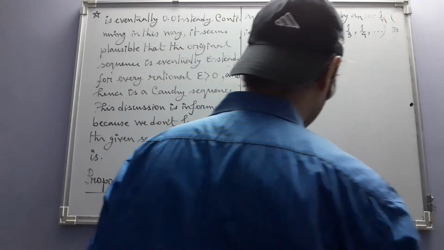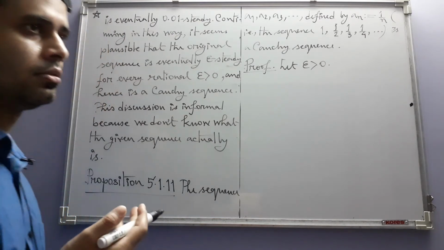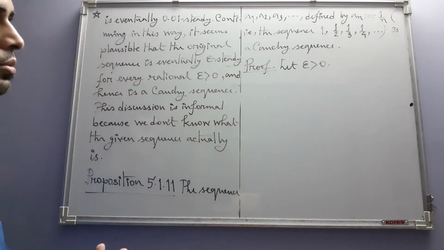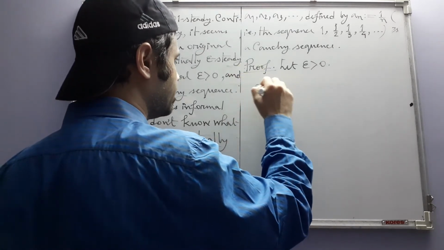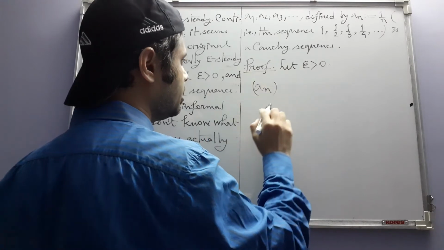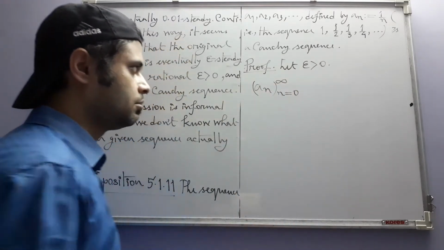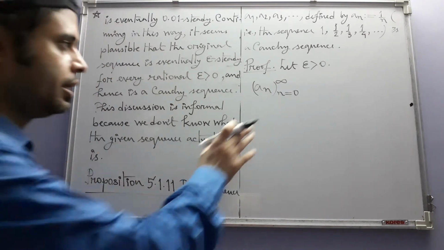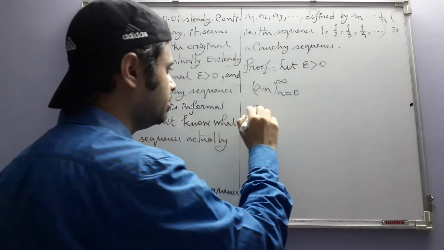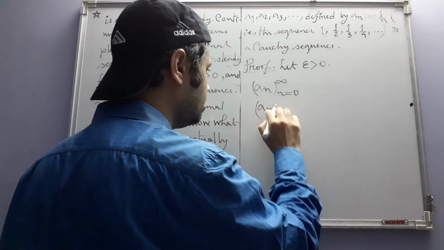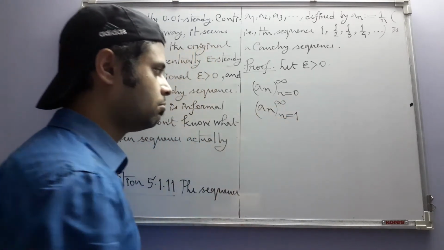Okay, now we need to choose a positive integer N, and that's why I raised that point. Originally, in our definition of Cauchy sequence, we used this type of sequences. Here however you can see that the index has changed. Now it's starting from 1.